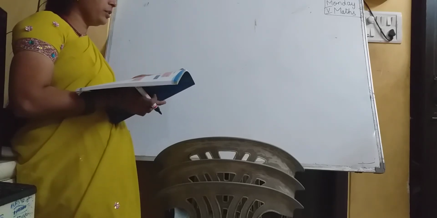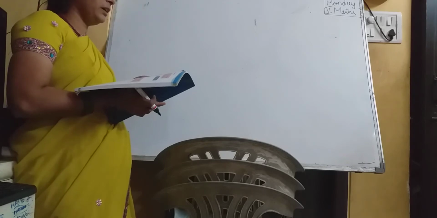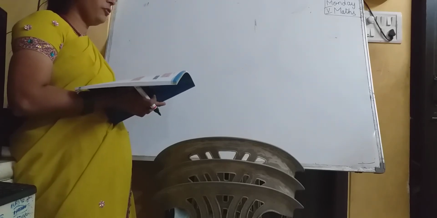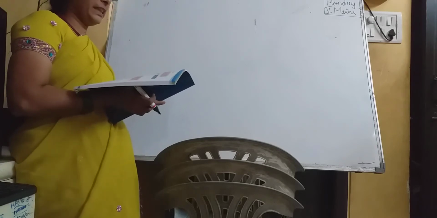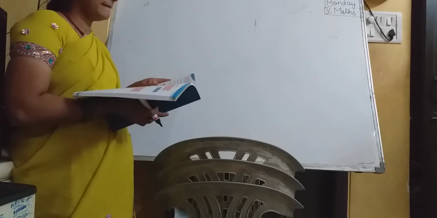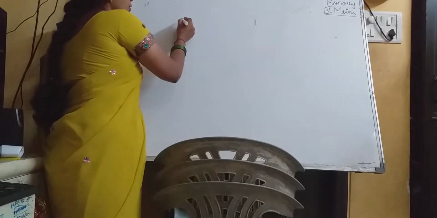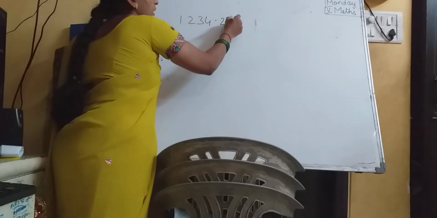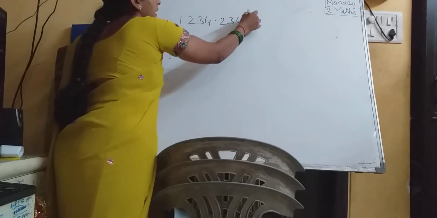Yes, the place value of a whole number: thousands, hundreds, tens, ones. But as we move to the right of the ones place, we have the decimals.